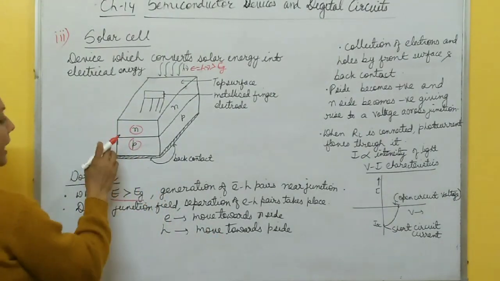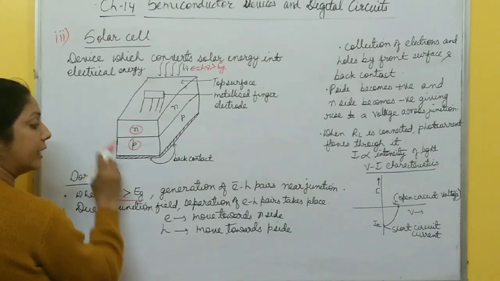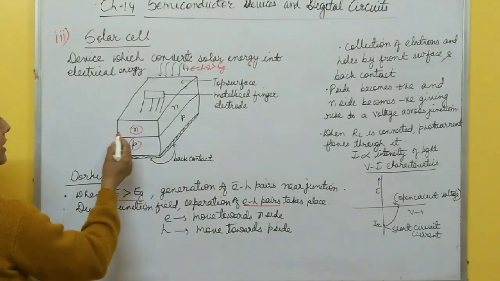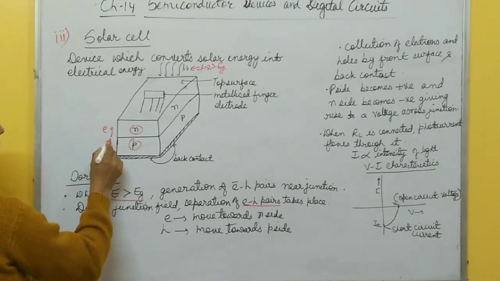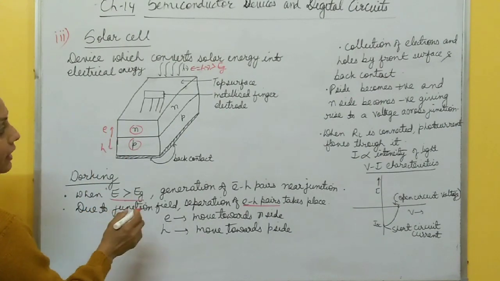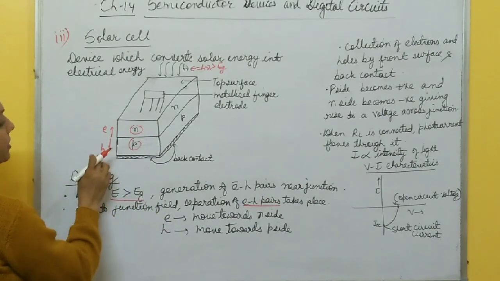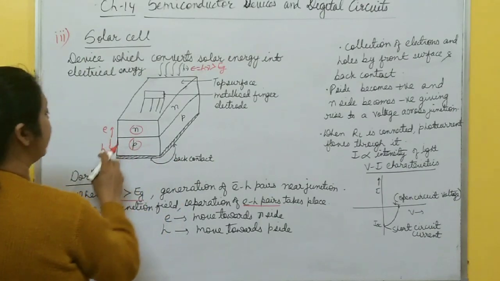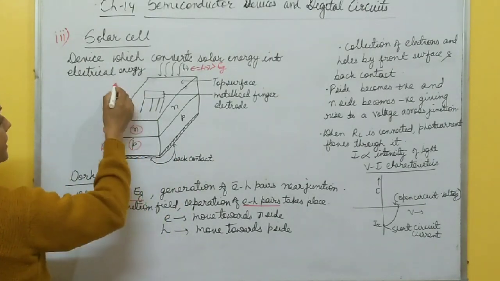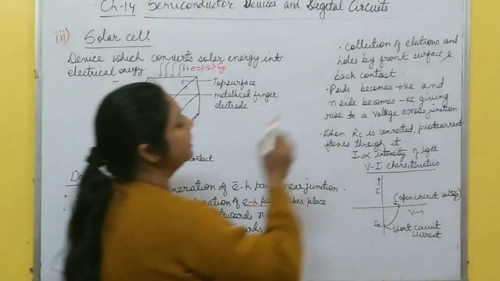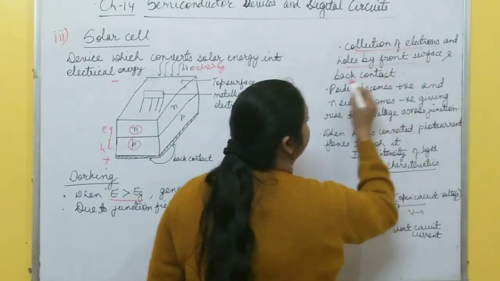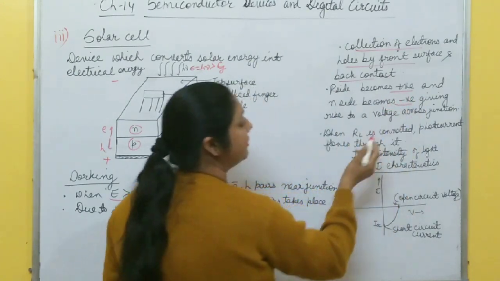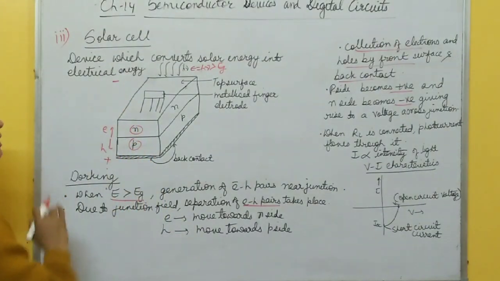Electrons move towards the n side and holes move towards the p side, and these electrons and holes are collected by the top surface and back contact. P side becomes positive and n side becomes negative, giving rise to a voltage across the junction.